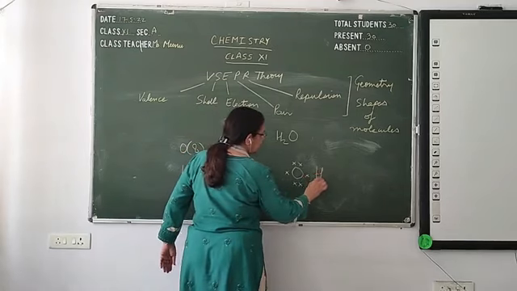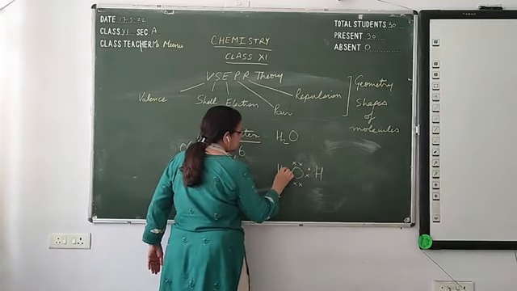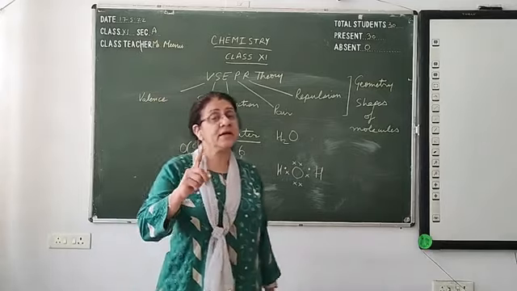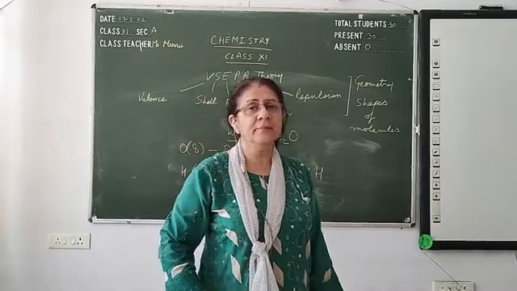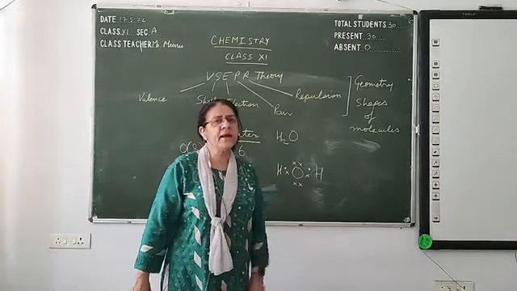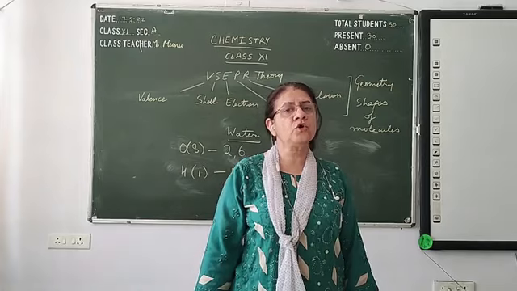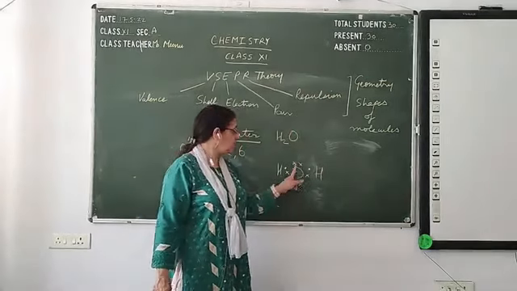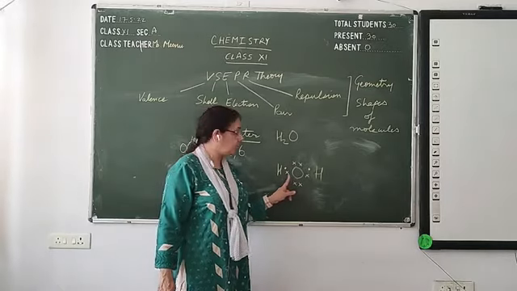This is one hydrogen and this is another hydrogen. The central atom here is oxygen. How many electron pairs are there around oxygen? There are 4 pairs, 1, 2, 3 and 4.